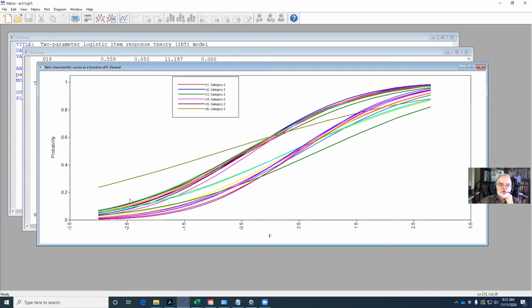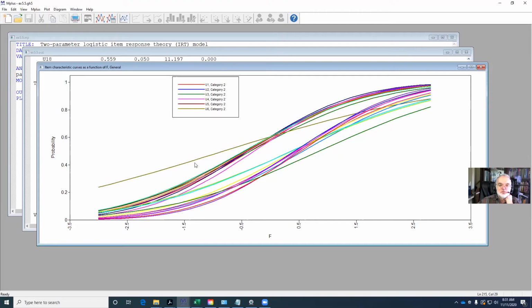Discrimination has to do with the shape of this curve. So in this particular case, we have a bunch of items over here that seem to have this shape and another set of items over here that seem to have this shape. The slope of the lines are different.